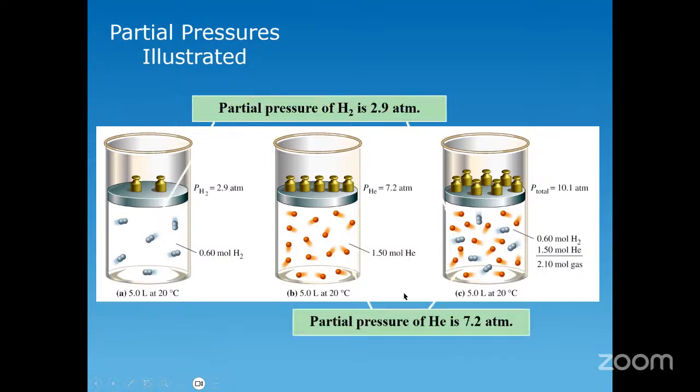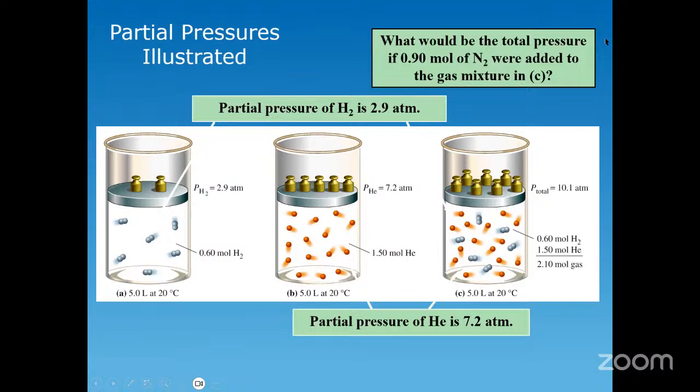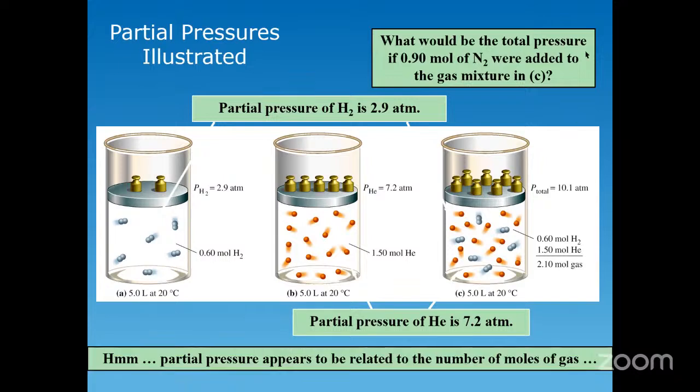So there's a question here, and the question is, what would be the total pressure? Before I get into the question, now you should see that there is a proportional relationship between the moles of the gas, regardless of what the gases are, and the total pressure. So here's the question being asked.